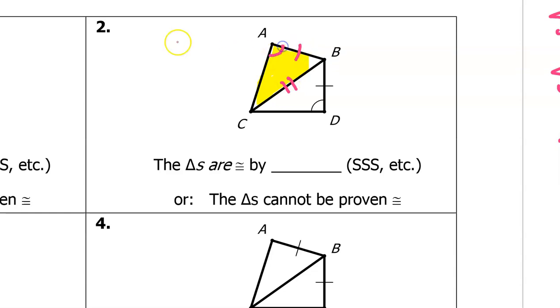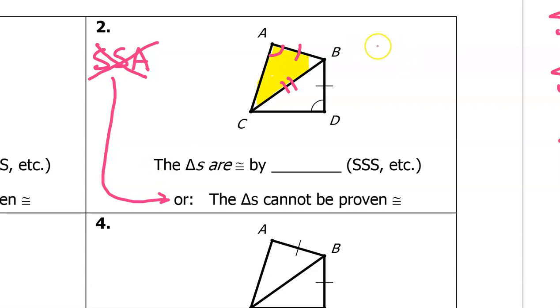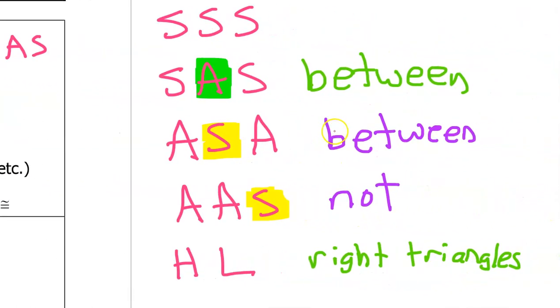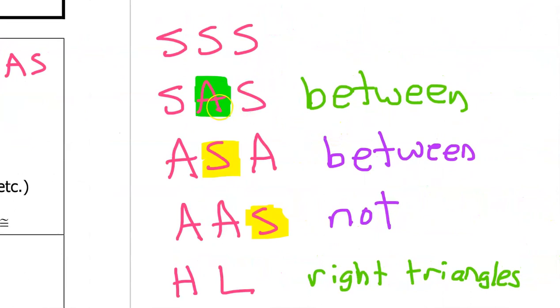So that means this is either going to be SSA, which remember, does not prove triangles are congruent. So if it turns out to be SSA, I'm going to pick this one. But it might also be SAS, side, angle, side. And again, the difference between those two is whether or not the angle is between the two sides.